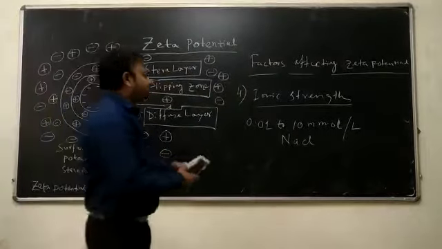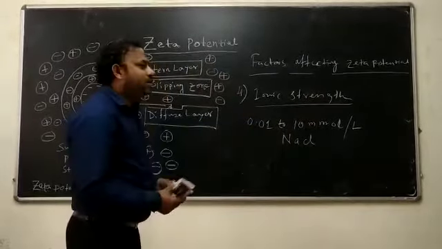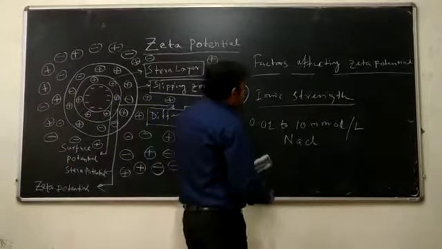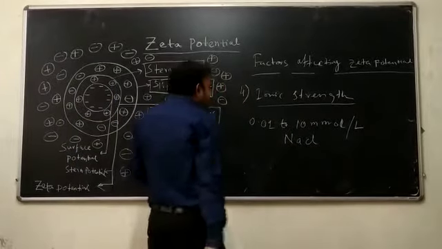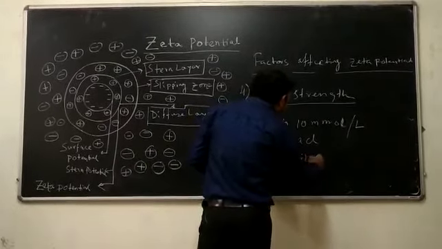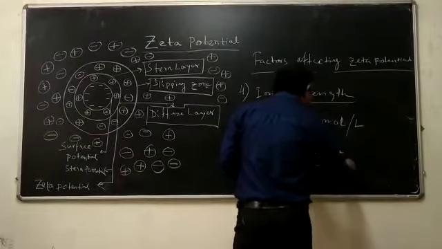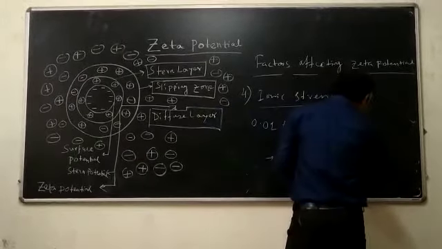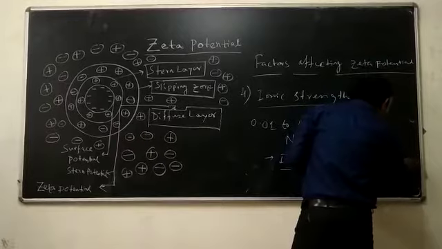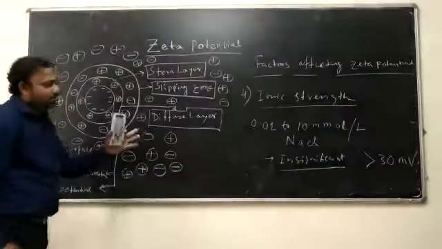If you add 0.01 millimole to 10 millimole, or increase the amount of sodium chloride in a colloidal dispersion, what happens? The zeta potential has no significant change, and generally stays greater than 30 millivolts, so the colloid is somewhat stable.